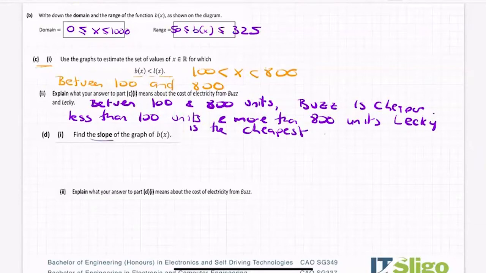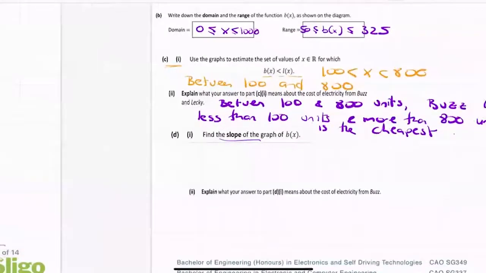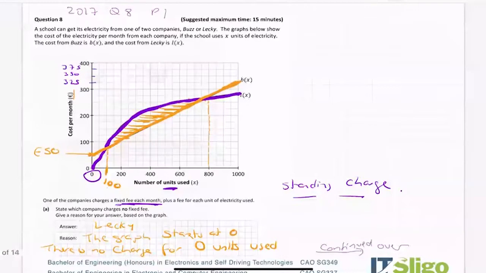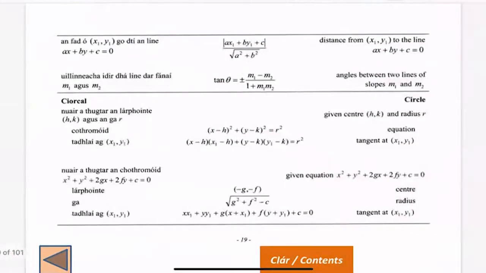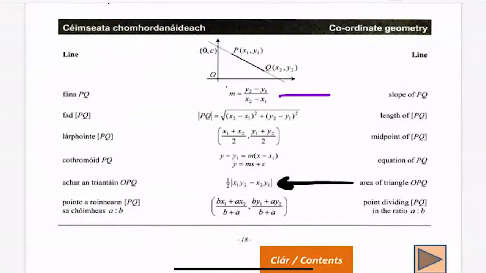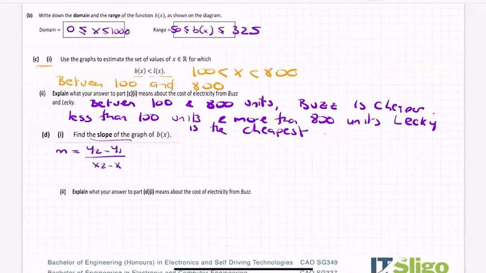Okay, find the slope of the graph. Now they're bringing a little bit of coordinate geometry into the graph for you. We need to find the slope of B of x, the graph of the orange one. My slope, for any chapter, any question, is y2 minus y1 over x2 minus x1.